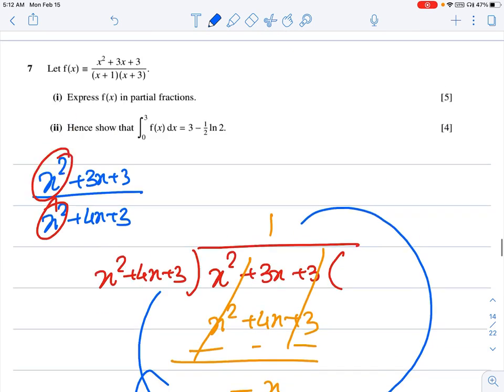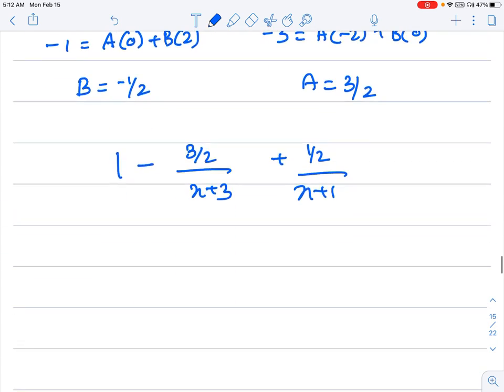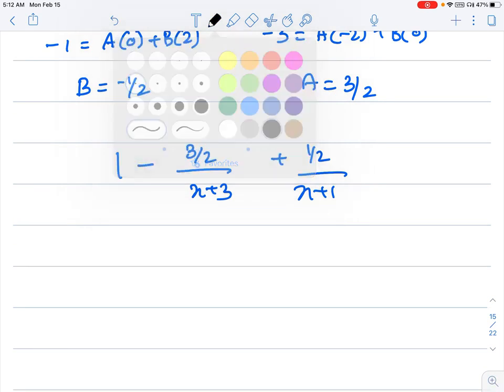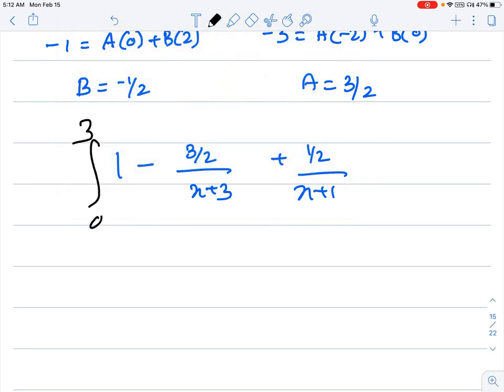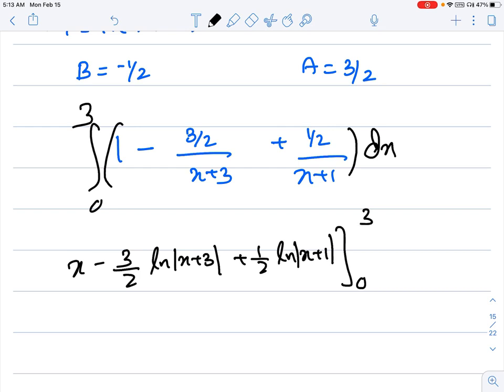Now in the second part, it's asked integration between 0 to 3. So I have to apply integral for this one and the limits 0 to 3. So the integral is x minus 3 upon 2 ln x plus 3 plus 1 upon 2 ln x plus 1 from the limits 0 to 3.